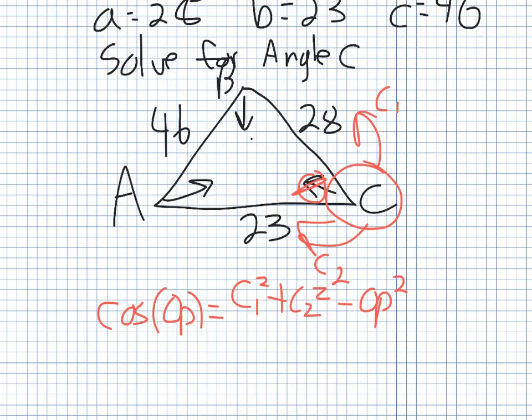So remember, this is the opposite angle here, this is the opposite side. I know that's a little bit weird. I should put OPS for opposite side here, so you remember. And that's all divided by 2 times C1 times C2.